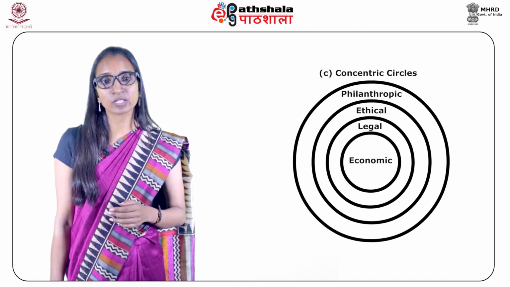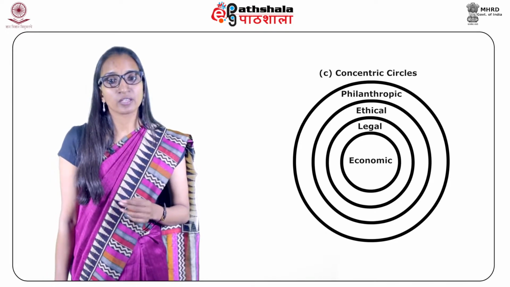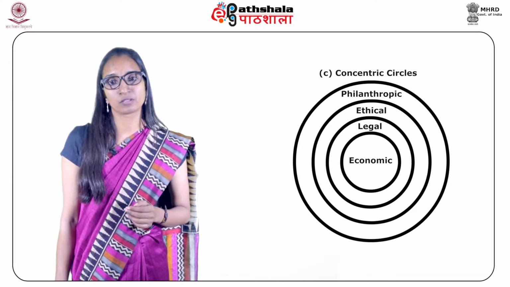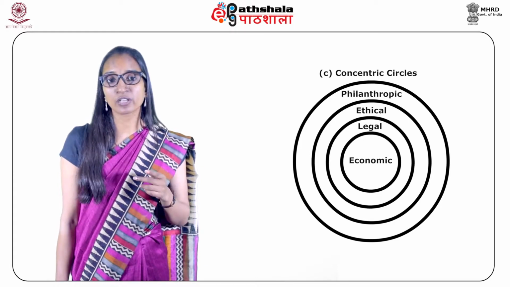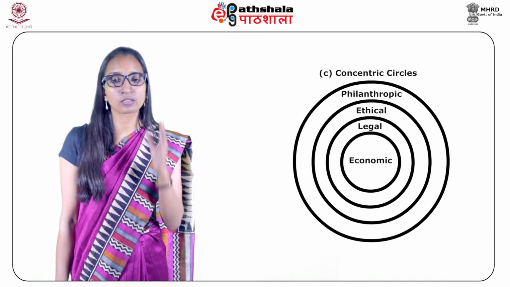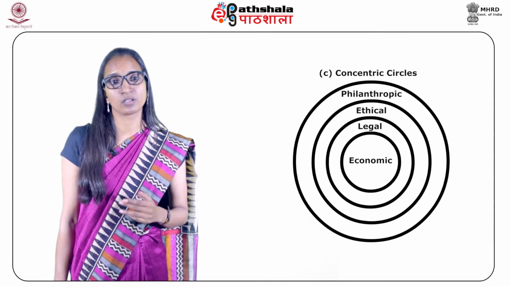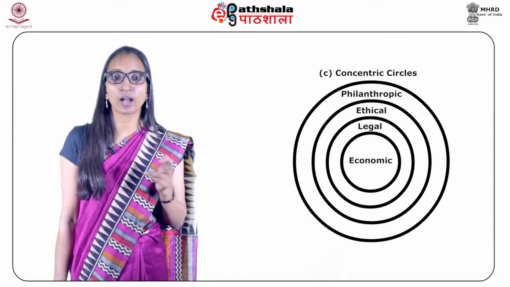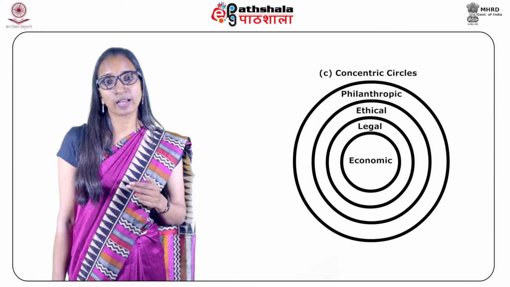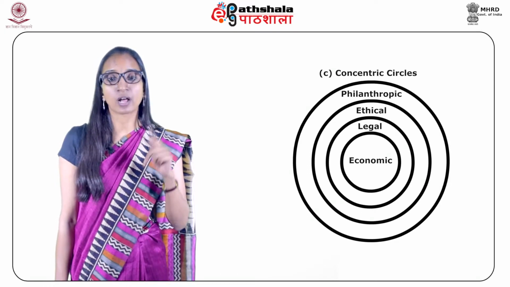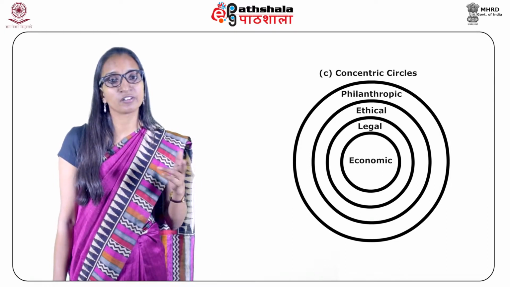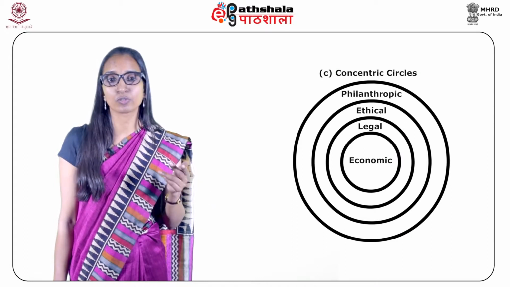The concentric circle model is similar to the pyramid in that it views the economic role of business as its core social responsibility, and similar to the IC model in that it emphasizes the interrelationship among the different corporate social responsibilities.